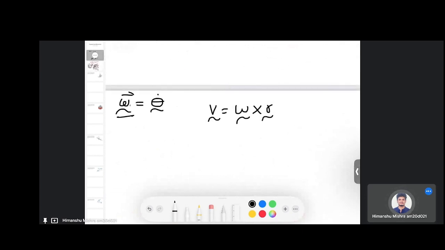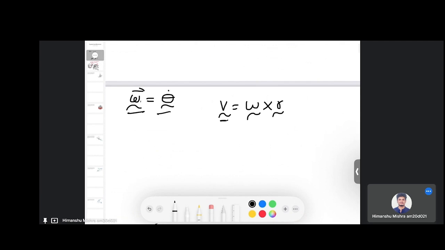So omega can be defined as theta dot, whereas translation velocity v can be defined as omega cross r. Similarly, the angular acceleration can be defined as omega dot.